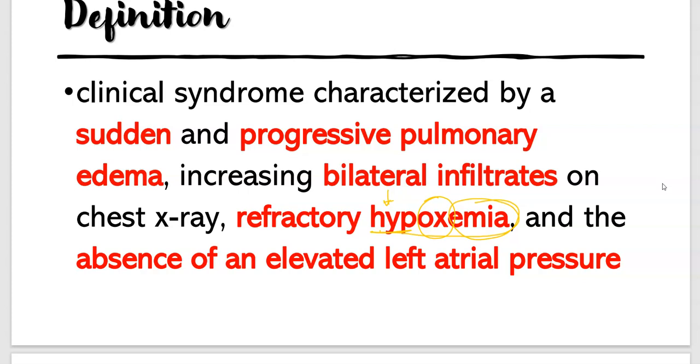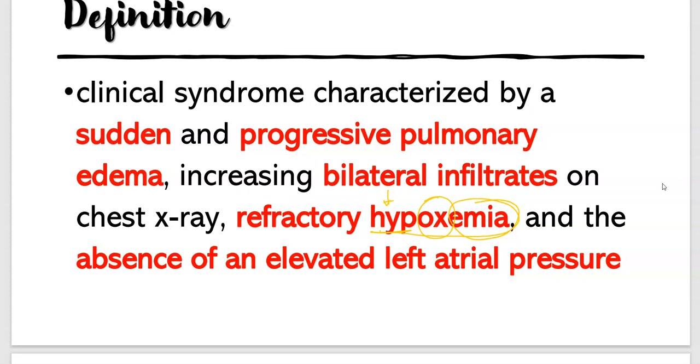And when I say refractory hypoxemia, ibig sabihin nun, even if you are provided with high levels of oxygen, there is still hypoxemia occurring in your bloodstream. So no matter how much oxygen somebody is giving you, there is still less oxygen reaching your tissues because not enough oxygen is in your bloodstream.